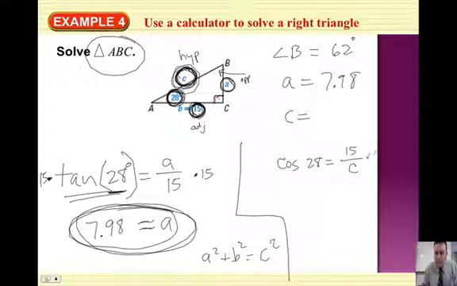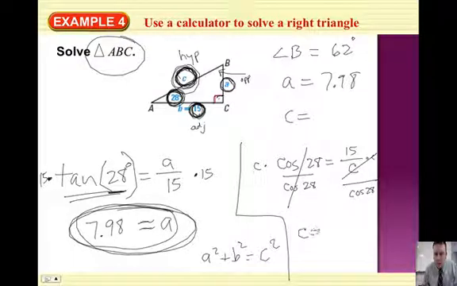You can multiply by C on both sides, and then you could divide by cosine 28, and that cancels out. You're left with C equals 15 divided by cosine of 28 degrees. Close the parentheses on that.